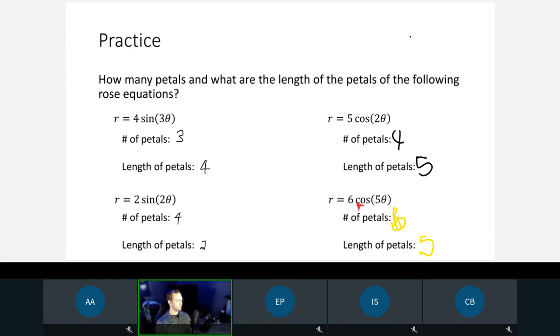It looks like it's backwards, right? Remember, the length of petals is this value here. So you just had them flip-flopped, it looks like. So you've got to take good notes and have them in front of you, right?